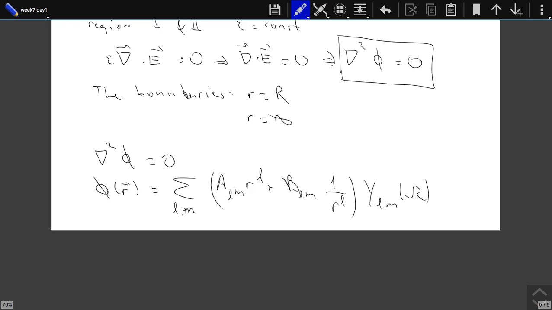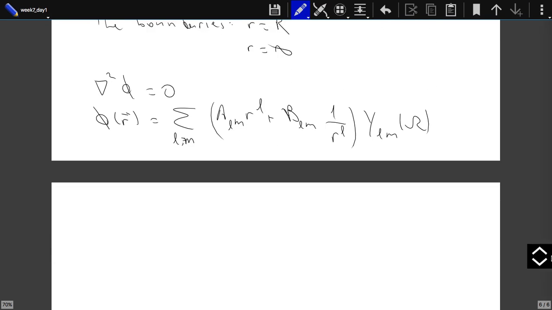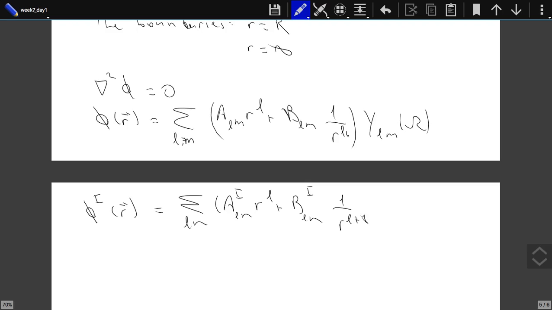If you have the solution of a Laplacian, it can always be written in this form, in spherical coordinates. Are you familiar? We did discuss this, at least when we were discussing the addition of spherical harmonics. So this is the general potential.